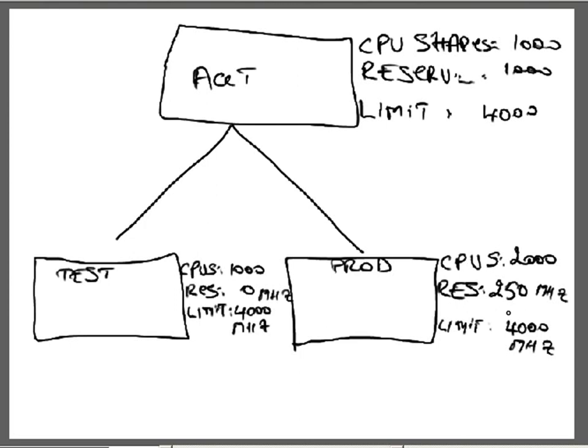So clearly again here, I want to stress this, we're making sure that the production virtual machines have access to the resources when it comes time for all of these virtual machines to contend for resources. Now if there's a lot of resources, nobody has a problem. Prod is okay, test is okay. But when it comes time to fight for resources, these are the virtual machines that are going to have priority when it comes to accessing the physical resources.